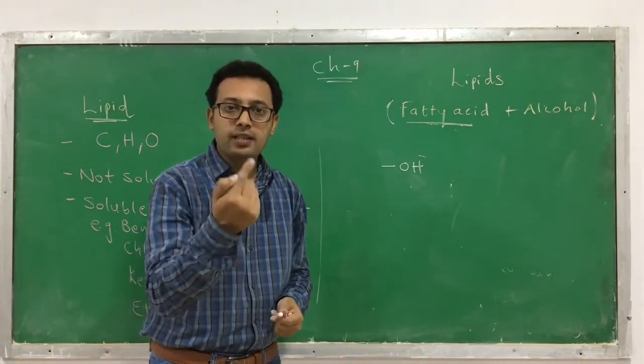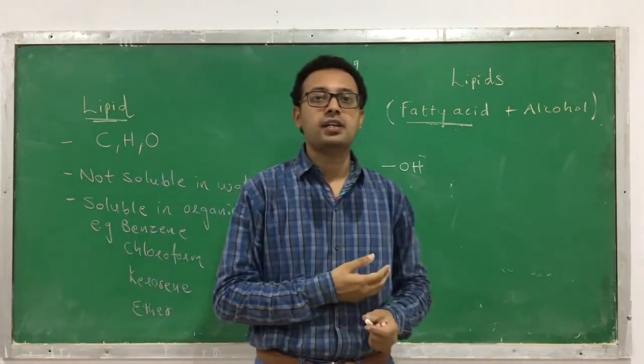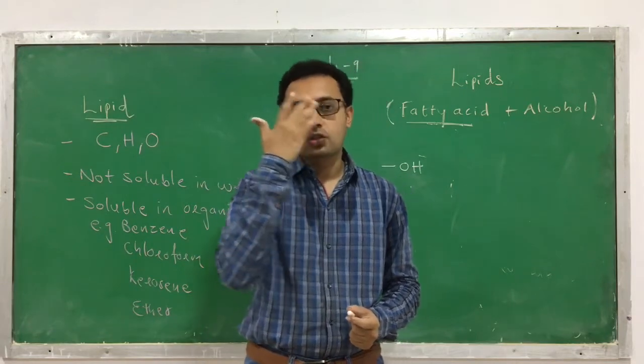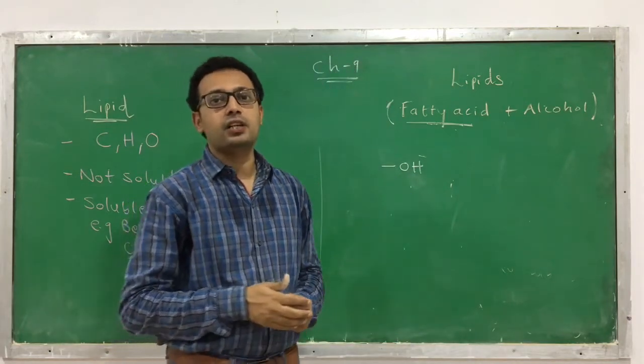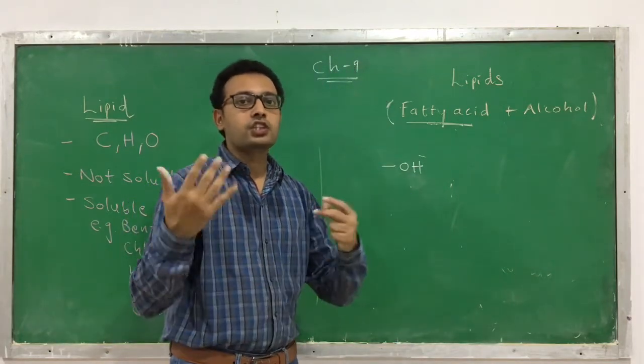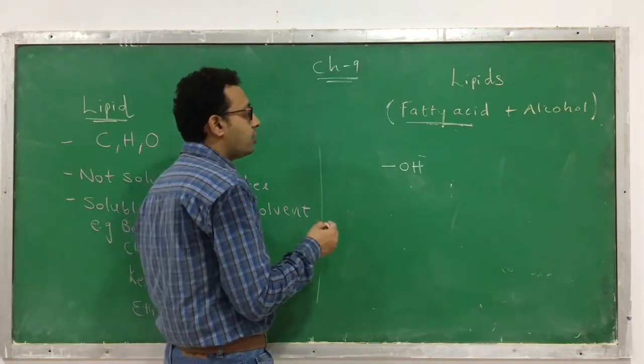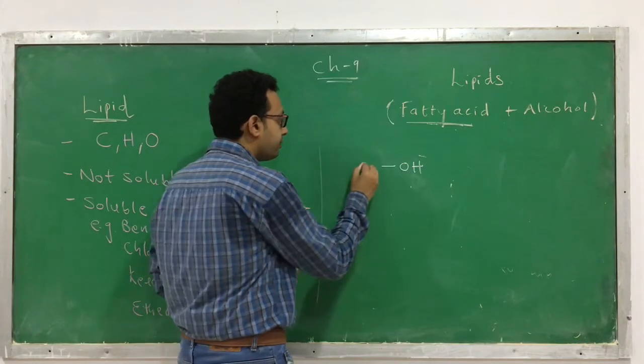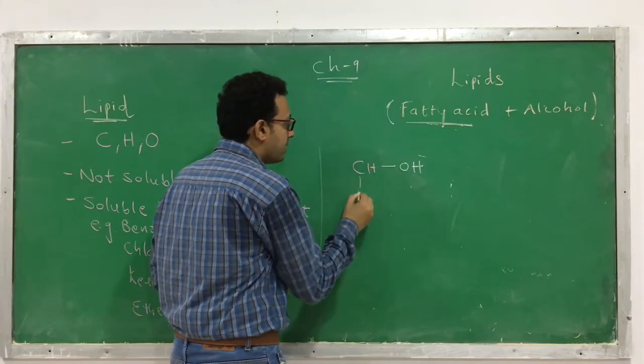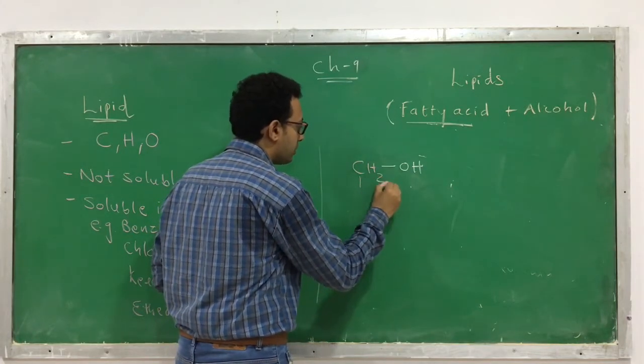If it has 1, then you can say a monohydroxy alcohol. If 2, you can call it a dihydroxy alcohol. If 3, then it's called a trihydroxy alcohol. The most important alcohol you can find in a lipid is a trihydroxy alcohol.